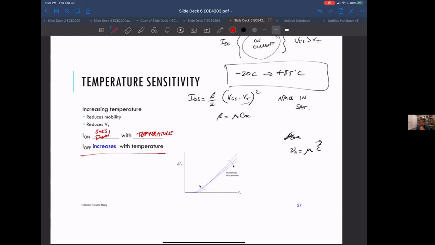That's what they're doing. The higher the temperature, the more your chip slows down, so from a speed standpoint you want to operate it at as low a temperature as possible. Okay, so this is not a voltage sensitivity, it's a temperature sensitivity. Any questions about that?